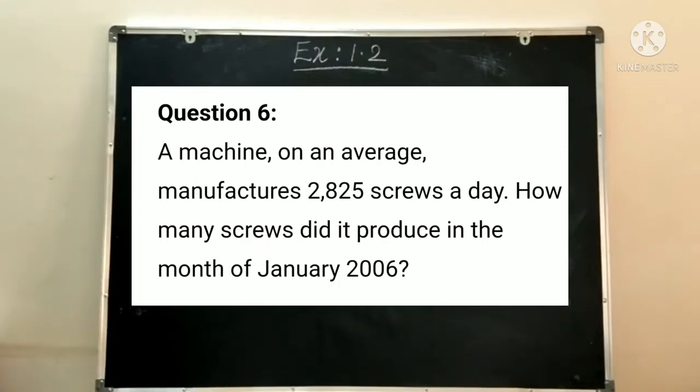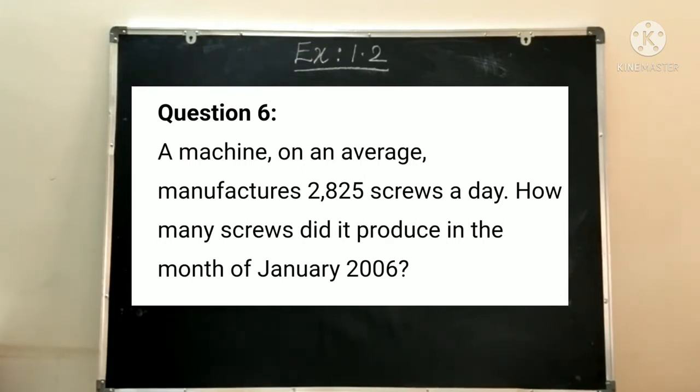Listen to the question. A machine on an average manufactures 2,825 screws a day. How many screws did it produce in the month of January 2006? Once again, listen carefully. A machine on an average manufactures 2,825 screws a day.